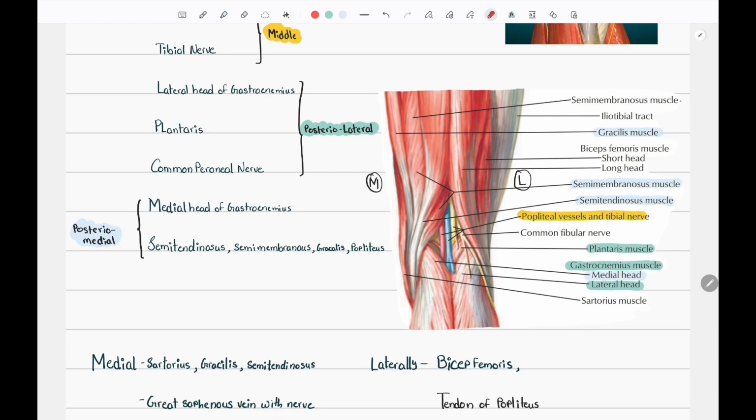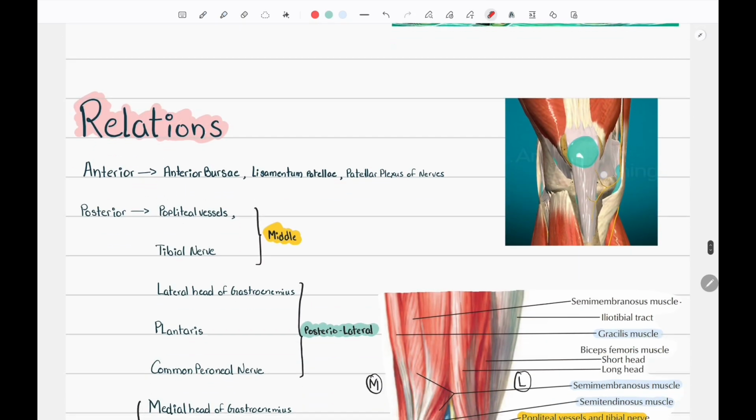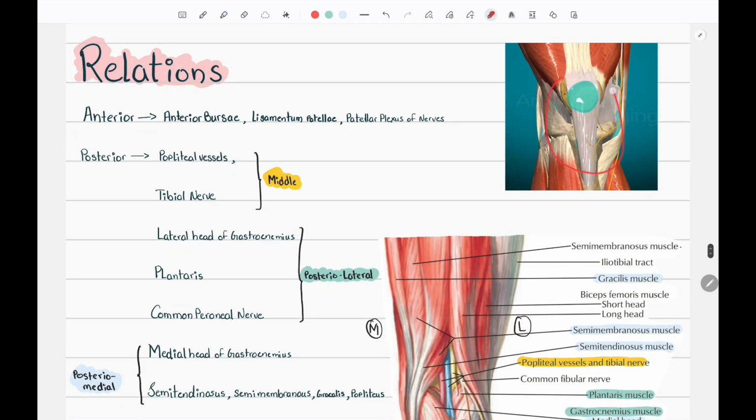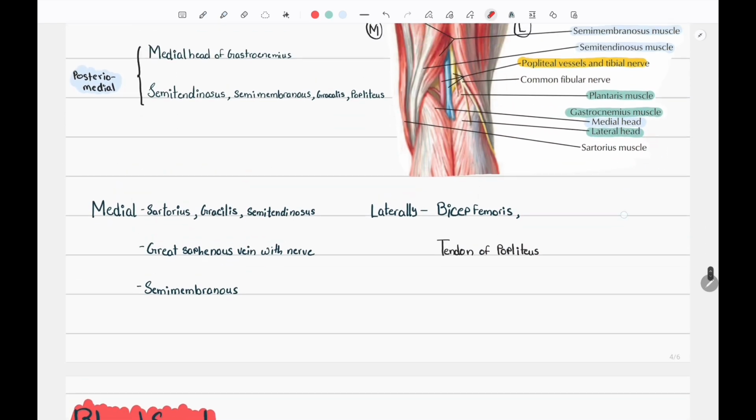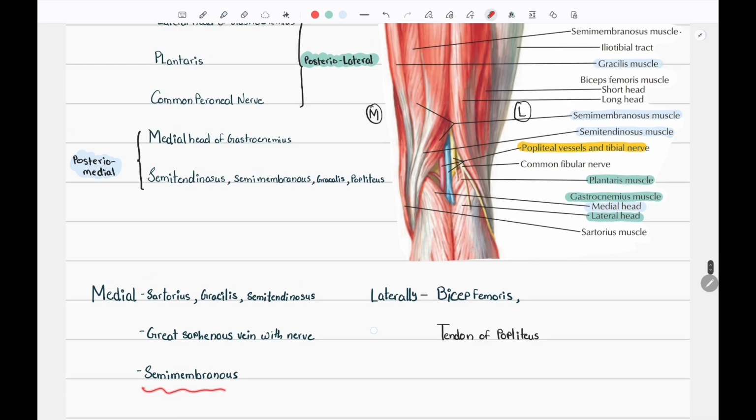Next, the great saphenous vein with nerve. If this is the anterior view of the knee, the great saphenous vein runs right here accompanying the nerves. So it is lying medial to the knee joint, and semimembranosus. As I have already told you, right here is the semimembranosus muscle.